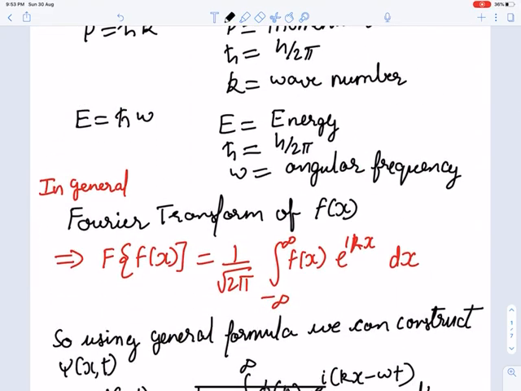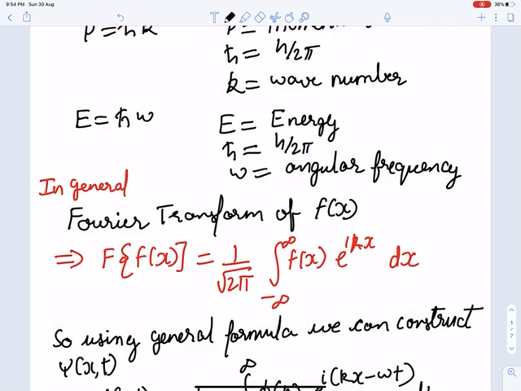In general, the Fourier transformation of f(x), which is any function, gives 1 upon root 2 pi, integrated from minus infinity to infinity, which is the whole space. You take the whole space and integrate it. f(x) is the given function, times exponential e raised to ikx dx.